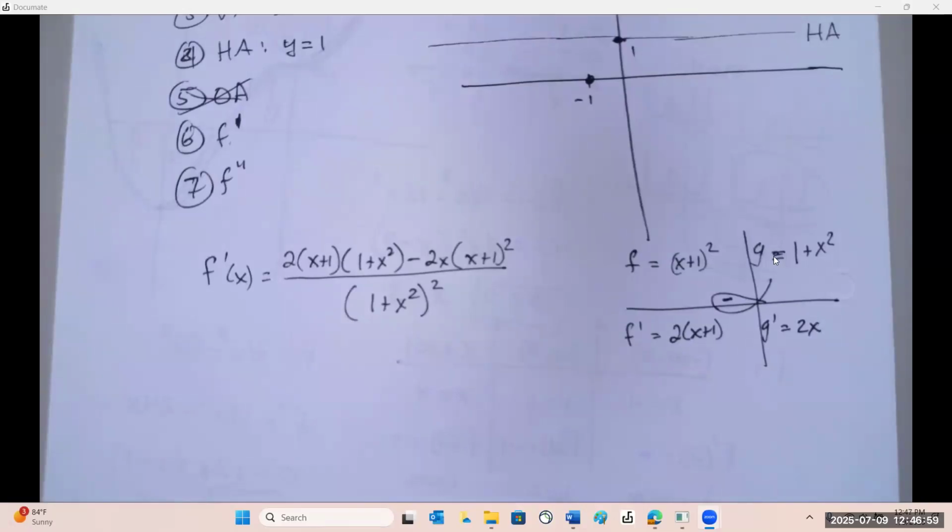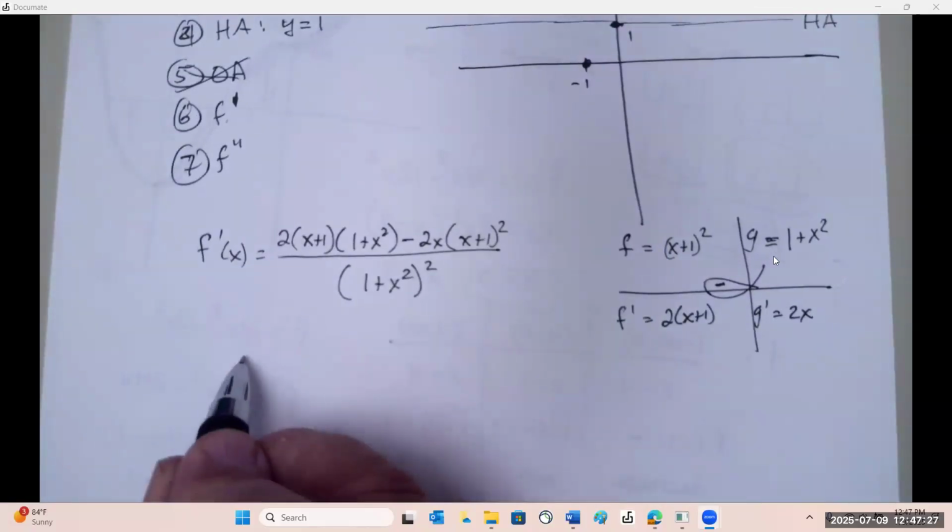What are my critical points? We have to first combine all that stuff.